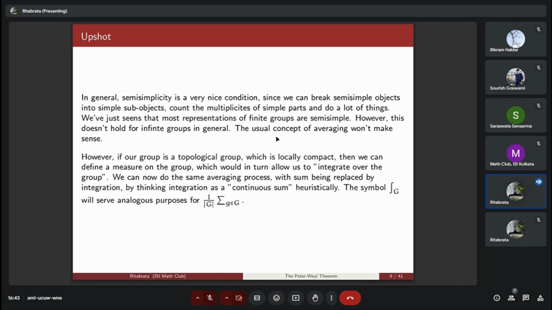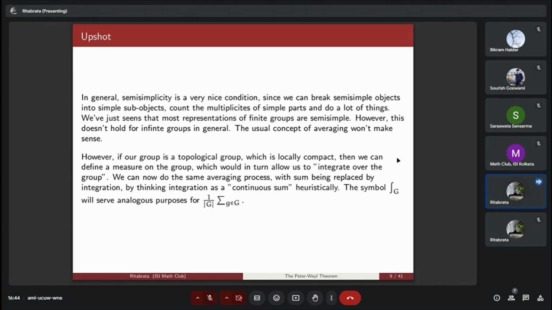We can define a measure on the group which will allow us to integrate functions defined on the group, and we can do the same averaging process with the sum replaced by integration, thinking of integration as a continuous sum heuristically. Basically, the averaging process, 1 by the size of the group times the summation over G, becomes an integration over G, which serves the analogous purpose for the sum. Basically, we'll replace sum with integral, and many analogous things which we'll see now.